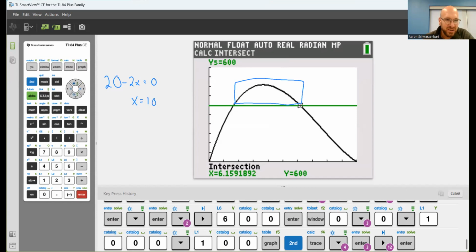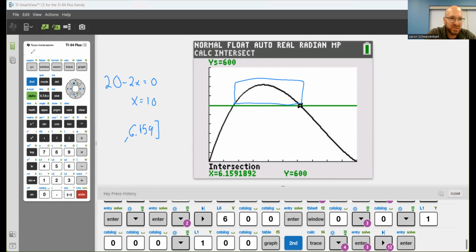Okay, I'm gonna write that down. That's my upper bound. It was a greater than or equal to, so these are inclusive, 6.159. I'm gonna keep 3 decimal places. That's what I'm expecting you guys to keep.